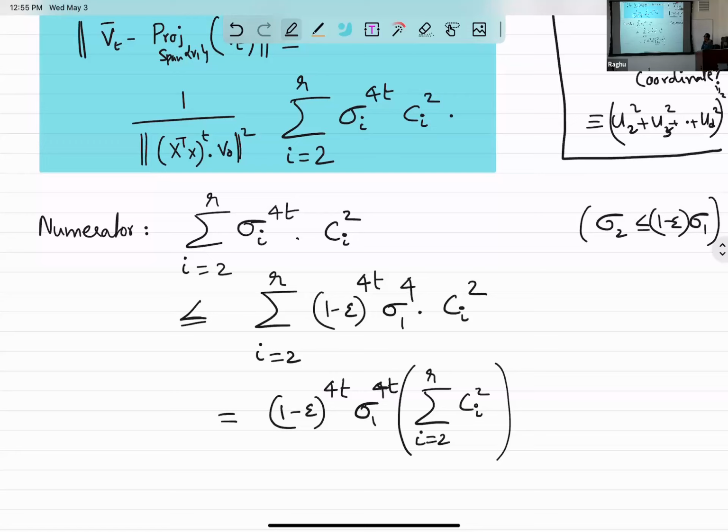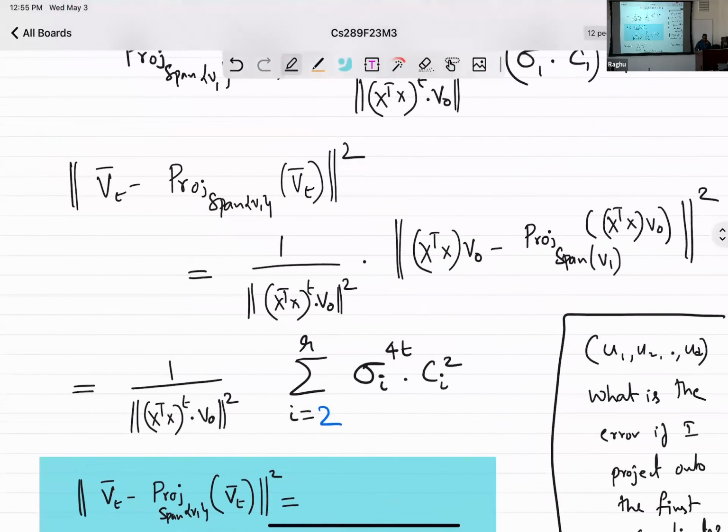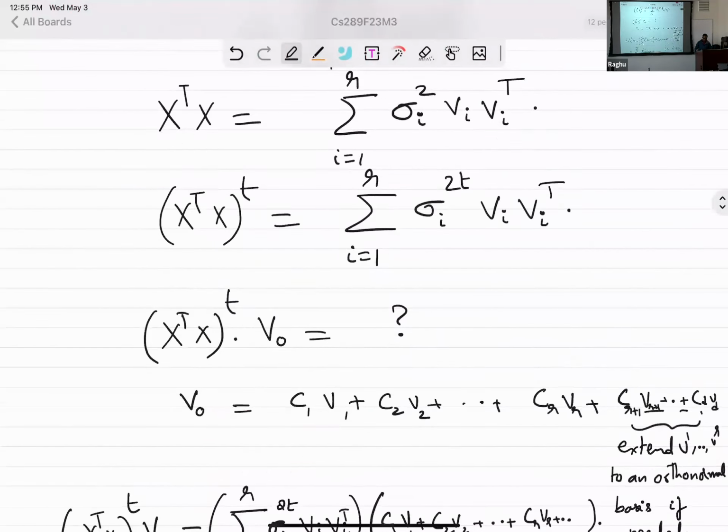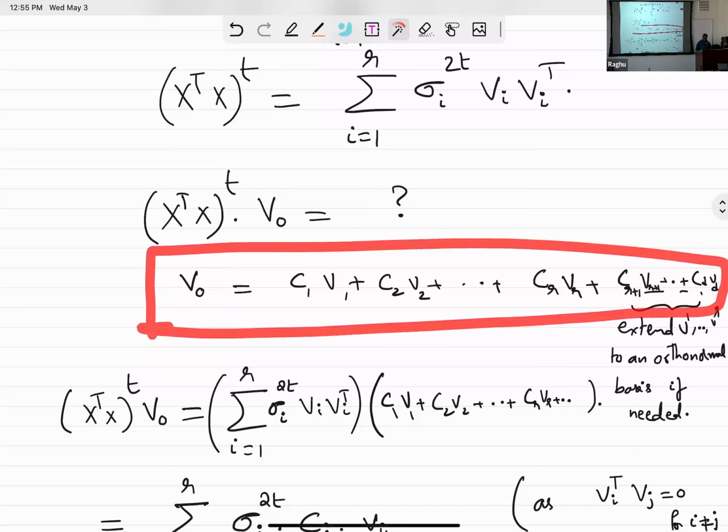All right. But what can you tell me about this guy? Sum of squares of the coefficients Ci. Well, where did they come from, right? So recall the way we got them was we said, V0 is a vector, it's of unit length. I'm then writing it in an orthonormal basis.